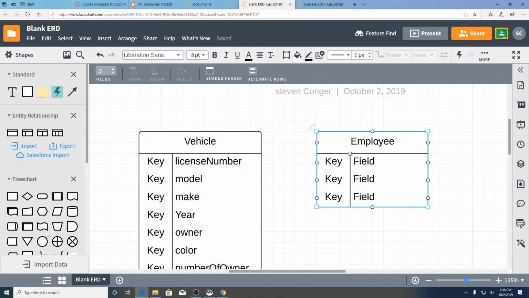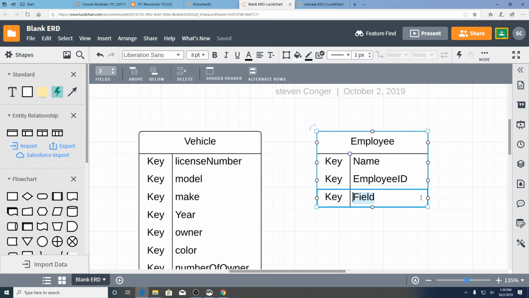Again, consistency is a good thing, but what kinds of things do we need to know about the employees? So we probably want their name. Some kind of number, so employee number or employee ID. Anything else?